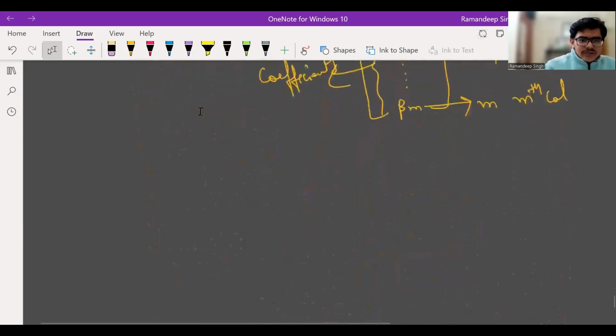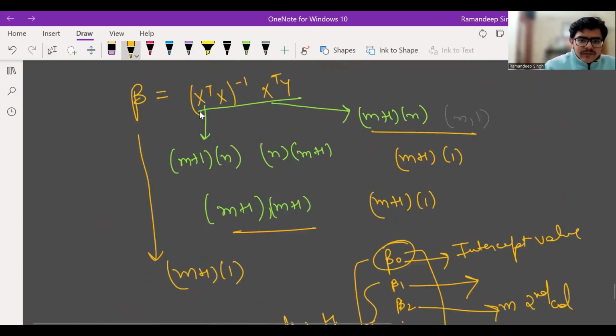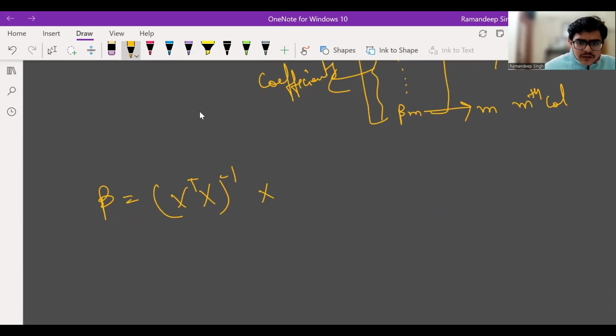If we break this down further, how will this work? If I rewrite this here, beta is equal to X transpose X inverse multiplied by X transpose Y. So what does this represent? Let's say we have two input columns, A and B, and this is my C, which is the output column, with values 1, 2, 3, 4, 5, 6.